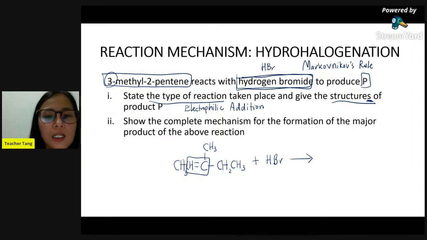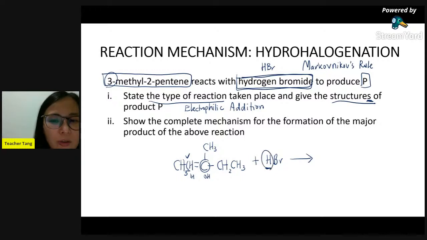So kalau mengikut Markovnikov's, the hydrogen of the HBr kena pergi carbon yang lebih banyak hydrogen. So can you see that the second carbon here has one hydrogen? Carbon ini tak ada. So means that the second carbon lebih banyak hydrogen. So means that selepas addition, the hydrogen of the HBr kena pergi the carbon number 2.